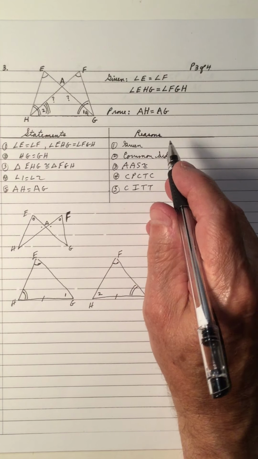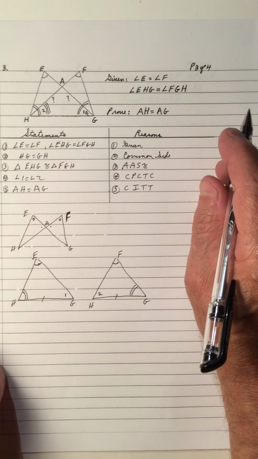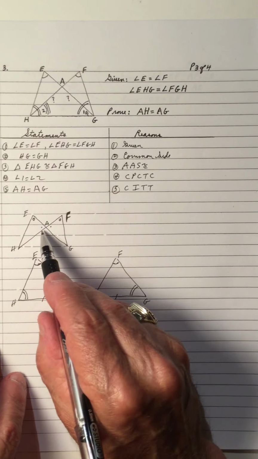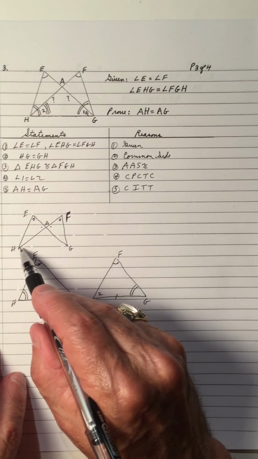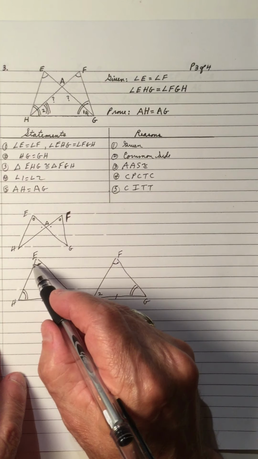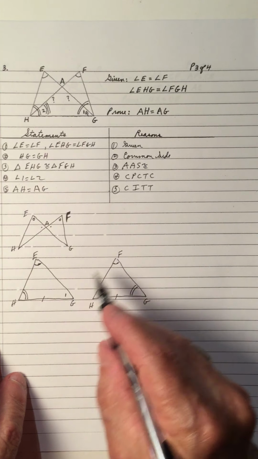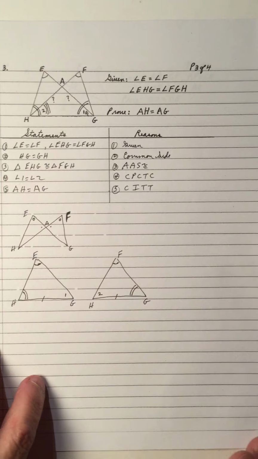And again, you can see that they're overlapping triangles. You have to be careful. So that's why I drew this pair of triangles first to see if I can get AH equals AG. I couldn't. So I had to think about going after the overlapping triangles, the bigger triangles.